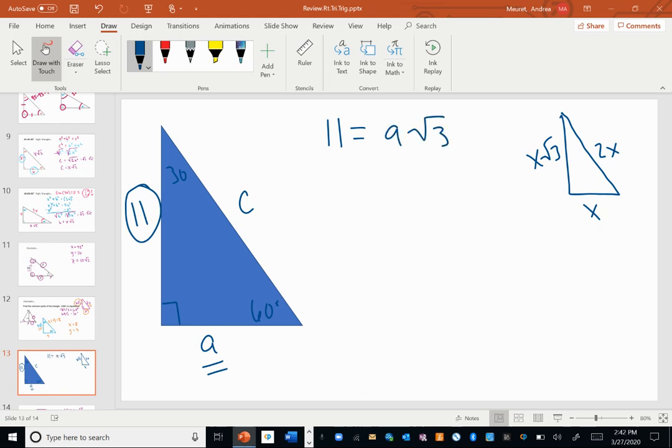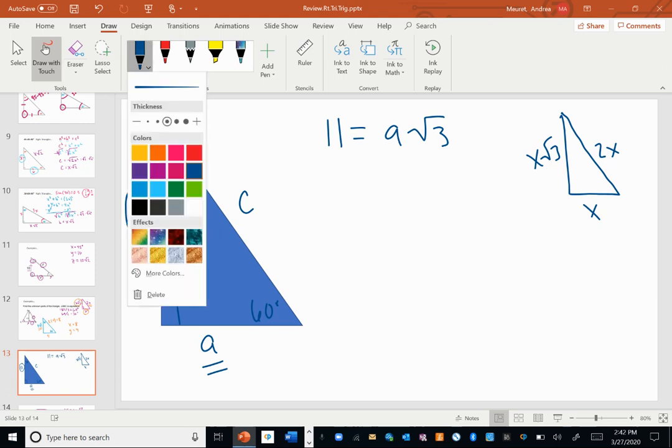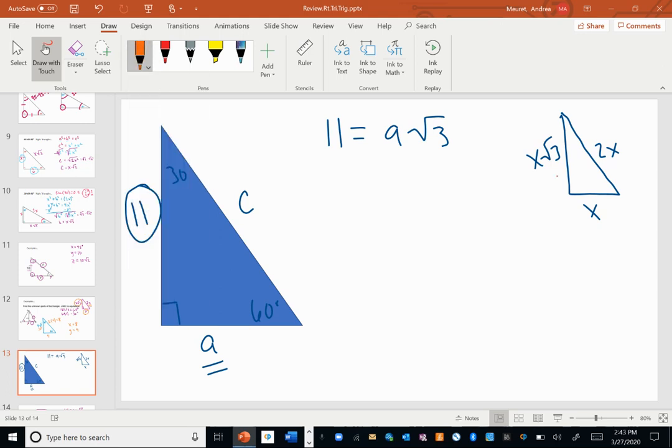And that's just using the relationship from over here that we found between these two sides. And so to solve for a, to get a by itself, I have to divide by the square root of 3. So a is equal to 11 divided by the square root of 3.